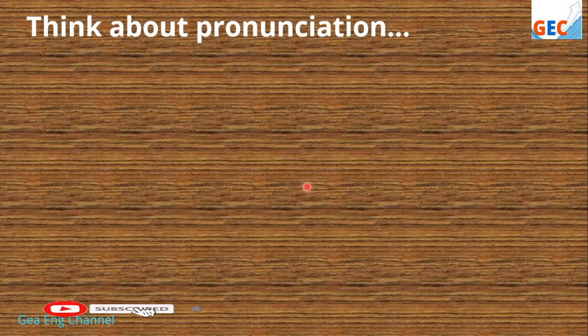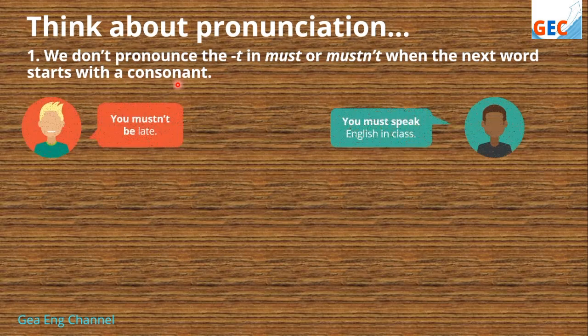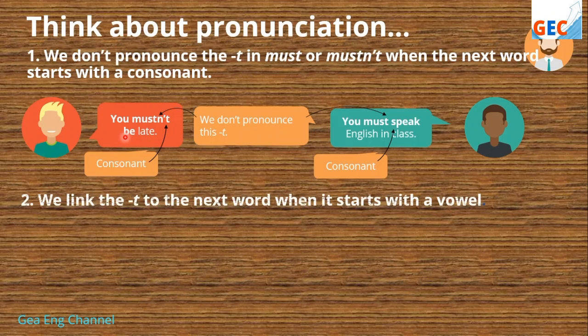So, we don't pronounce the T in must or mustn't when the next word starts with a consonant. You mustn't be late. You must speak English in class. We don't pronounce the T because it is followed by a consonant, speak and be.